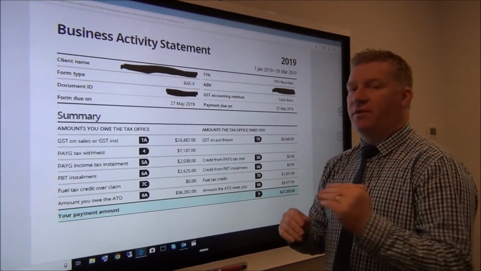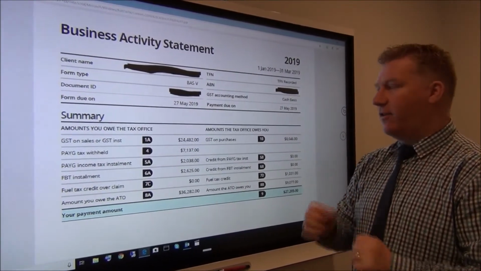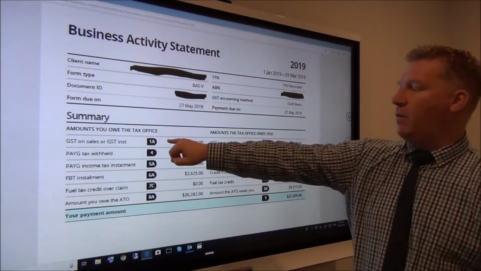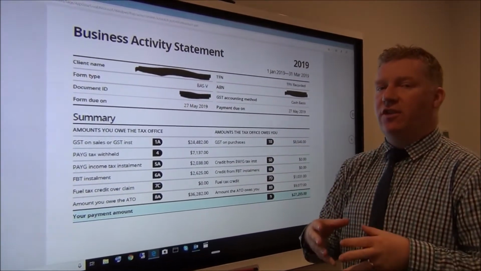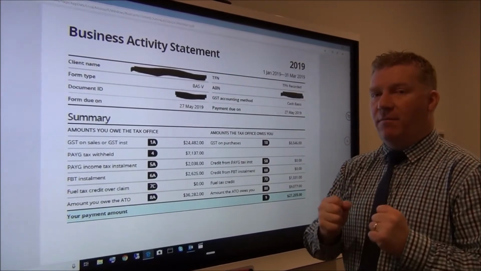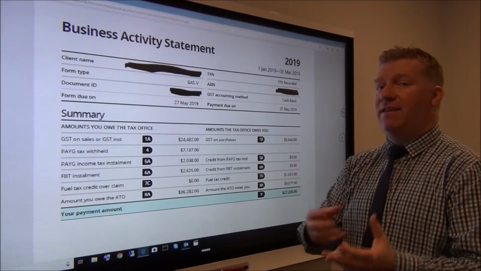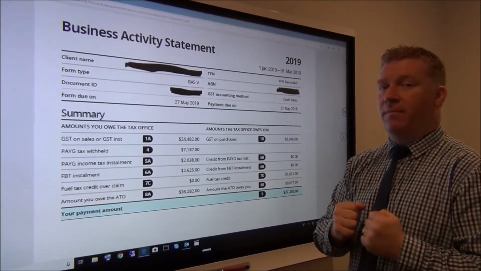When it comes to the numbers themselves, there's a number of elements that make up your BAS. First one's GST. So the top line here, 1A and 1B. 1A is the amount of GST that is on the income for the quarter. So whether it's on cash or accruals basis, it's the amount of GST related to the income that comes into your business.